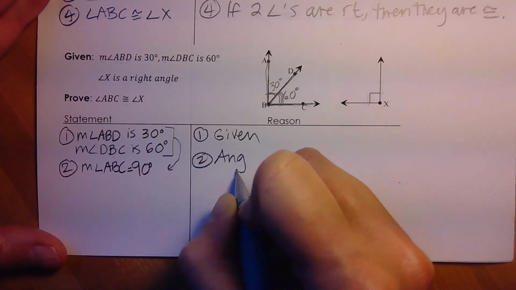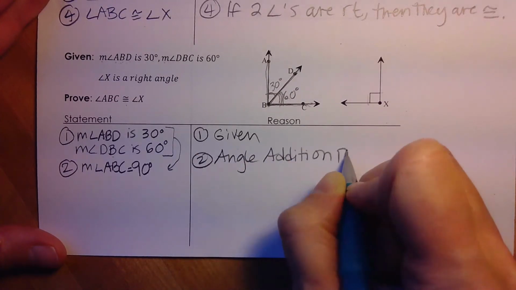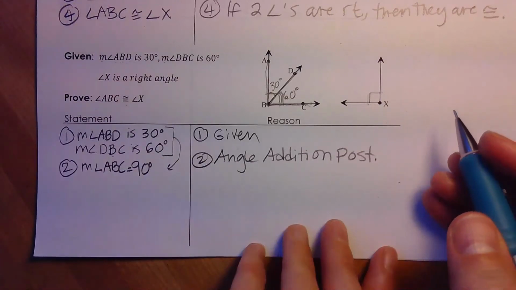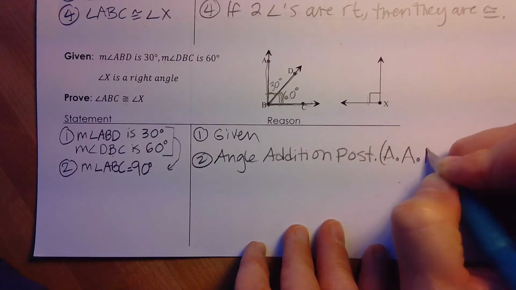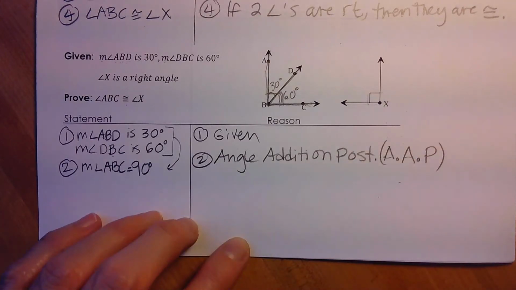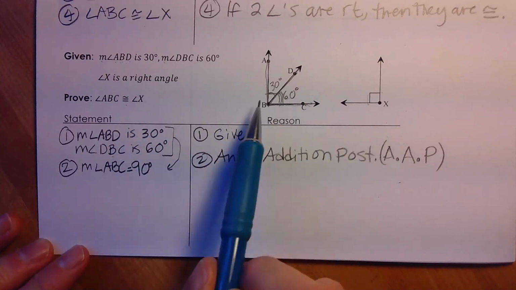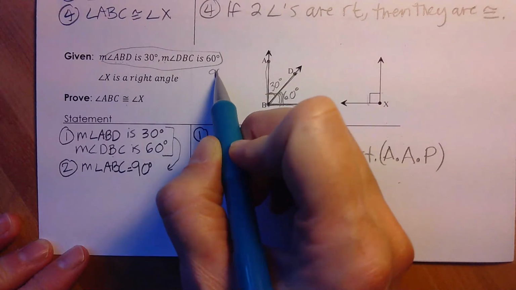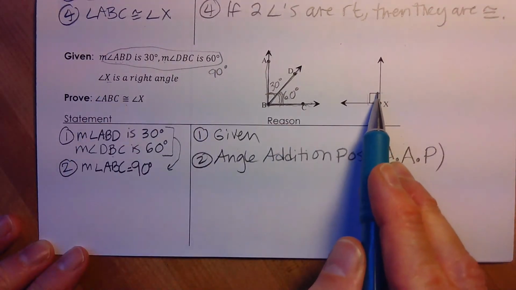All right, so we use the angle addition postulate, which, since this is the first time that we used it, I wrote it out, but in general, you can just write AAP, angle addition postulate. Okay, and now we have a 90-degree angle, right? These guys are making the 90-degree angle. The other one is said to be a right angle.